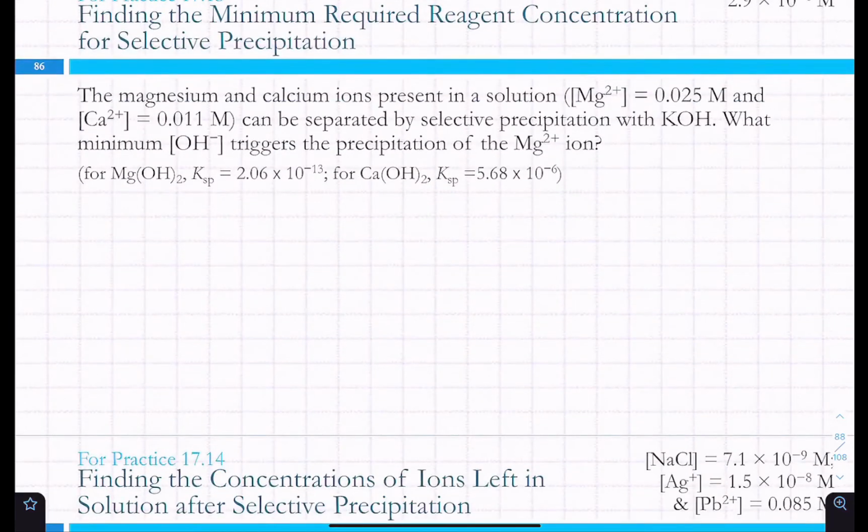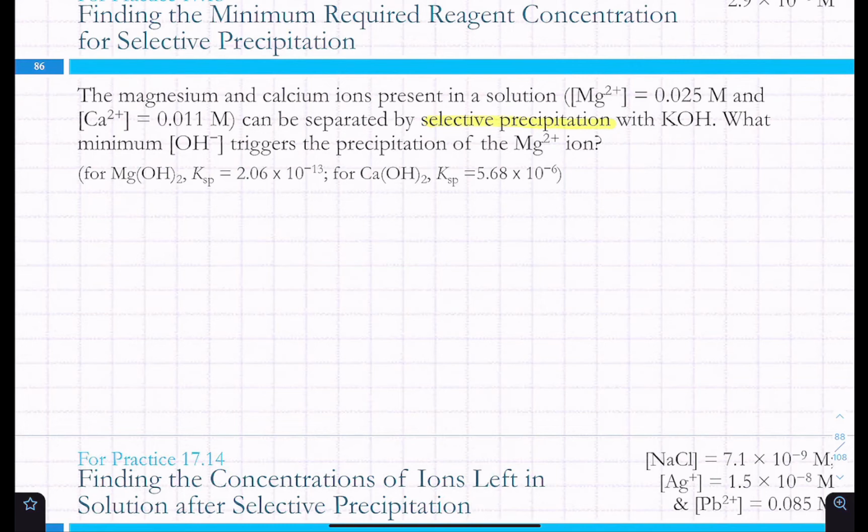So if we have magnesium and calcium ions present in the solution, and we know they can be separated by selective precipitation with potassium hydroxide, what minimum hydroxide concentration triggers the precipitation of the magnesium 2+ ion? So a couple things at play here.